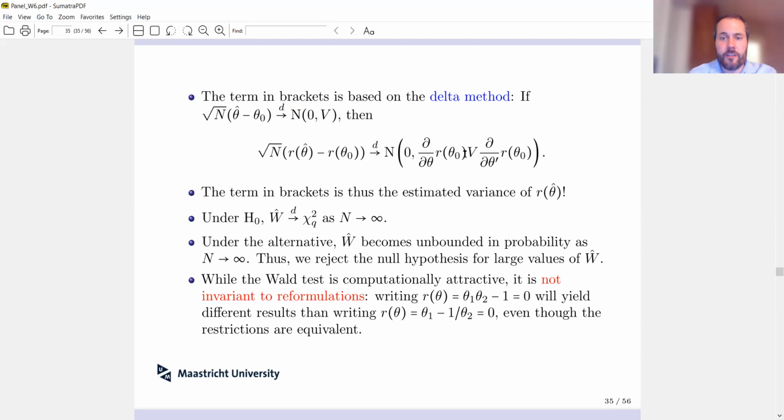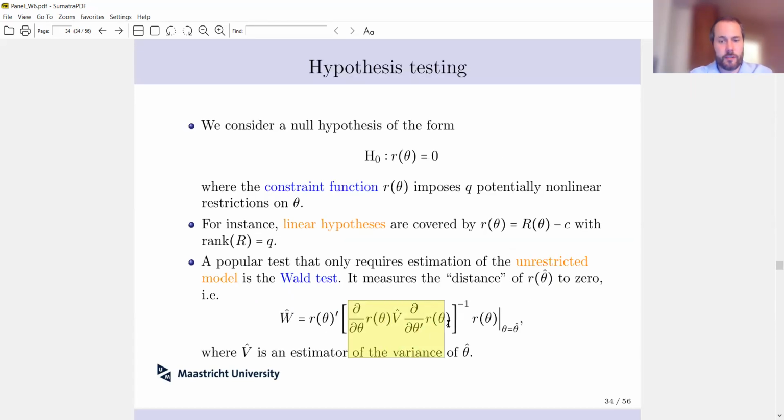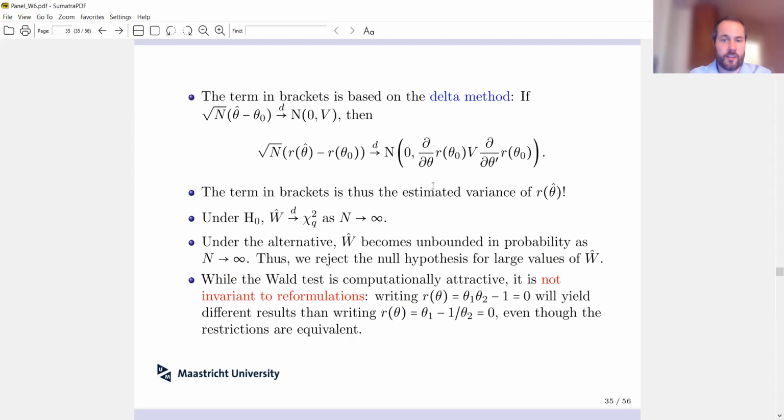The variance can be computed by multiplying the derivative of this function from the left and from the right. Going back here, this thing is now an estimate of the variance of R of theta hat, the function that gives you the restrictions of your hypothesis.